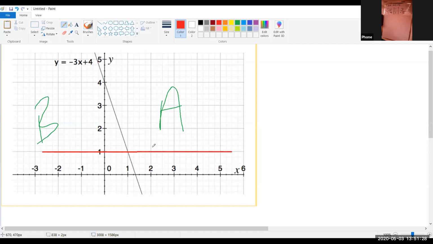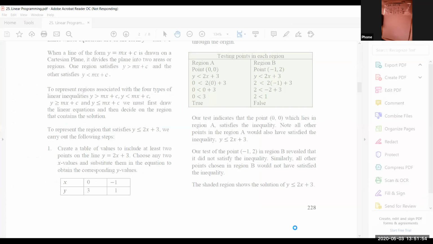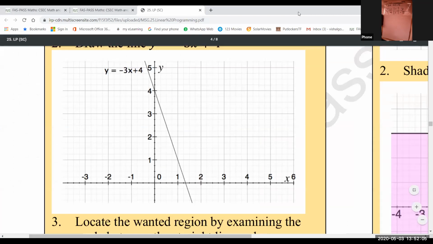So the third step is to locate the wanted region by examining the angle between the straight line and any horizontal line, as is the case here. The region that holds the obtuse angle is the greater than region. You follow? And why are we choosing the greater than region? Anybody can tell me? Nobody can tell me why we're using the greater than region?